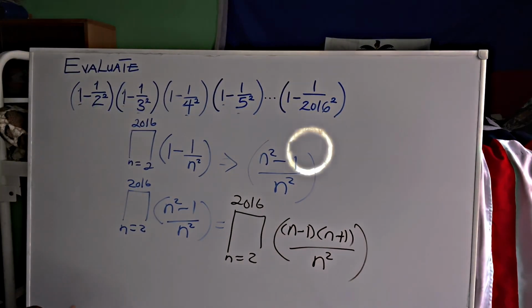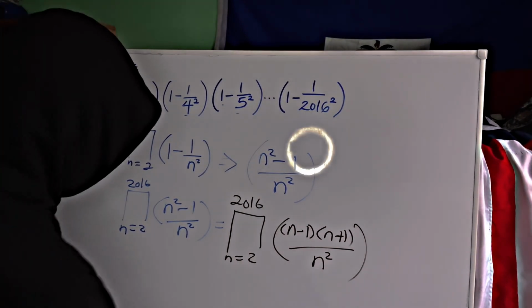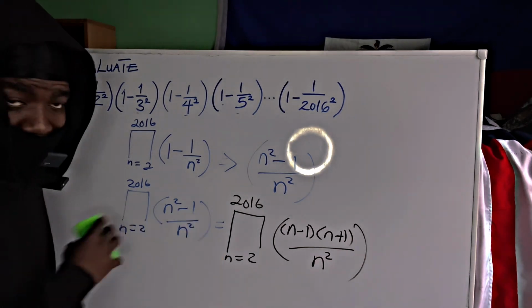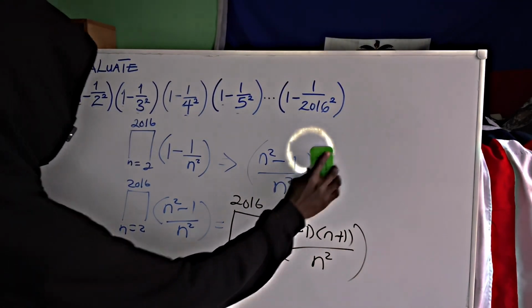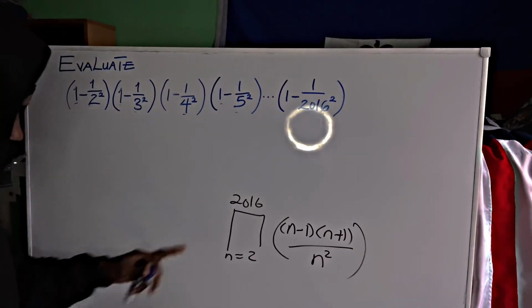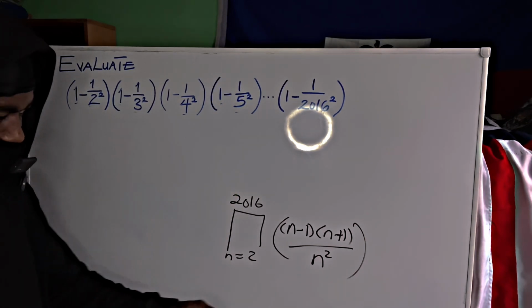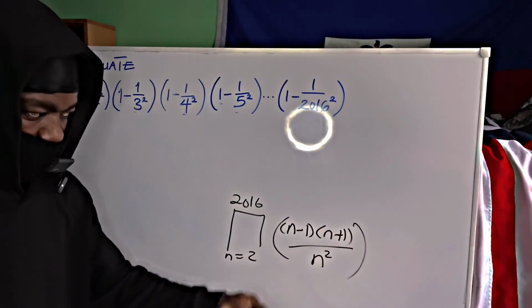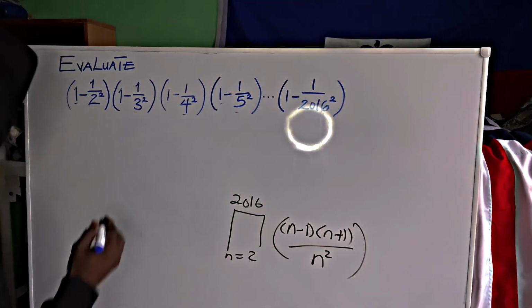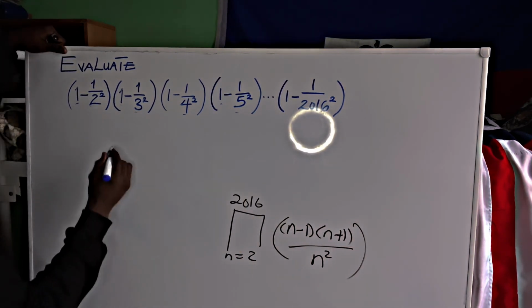Are we following, guys? So let me get something out so that we can continue. Notice that we have the product of (n − 1)(n + 1) over n². We can split this into two separate products.